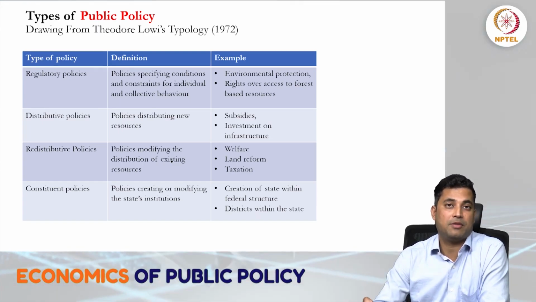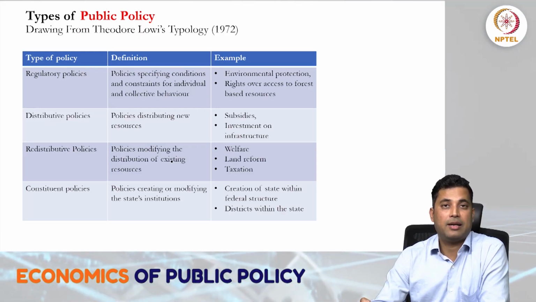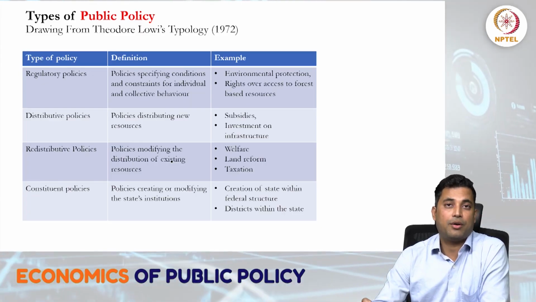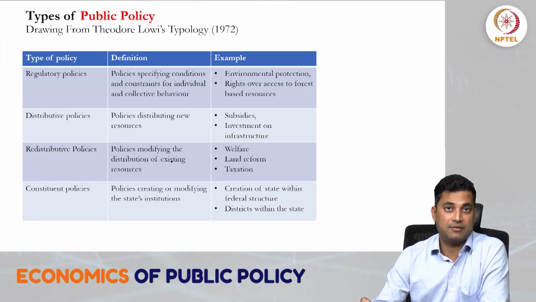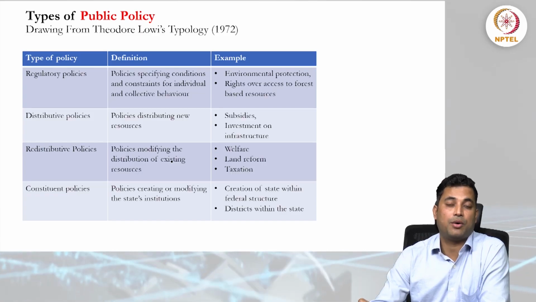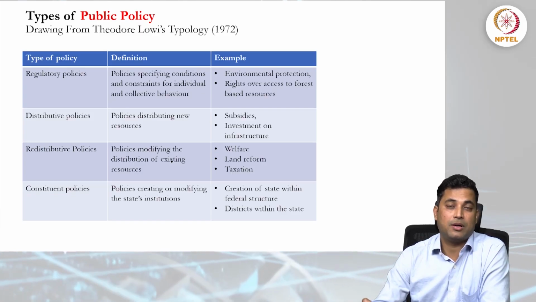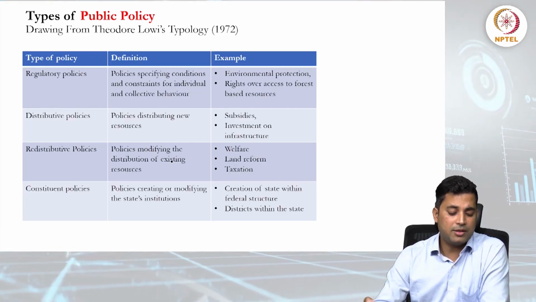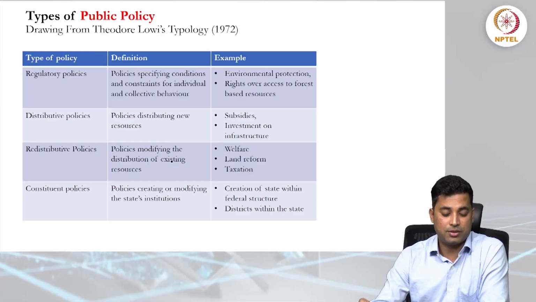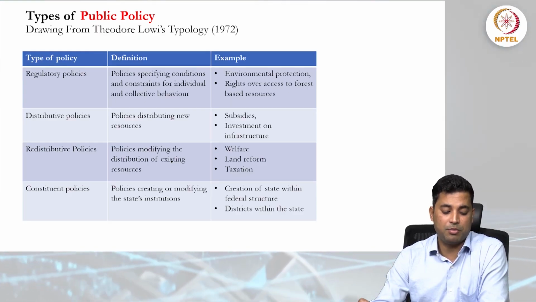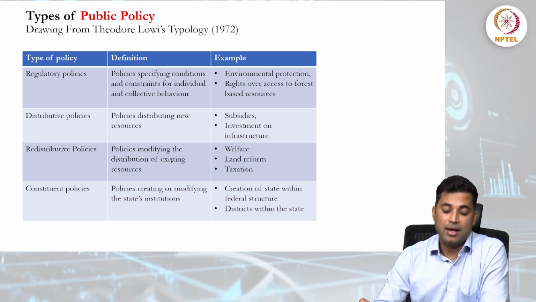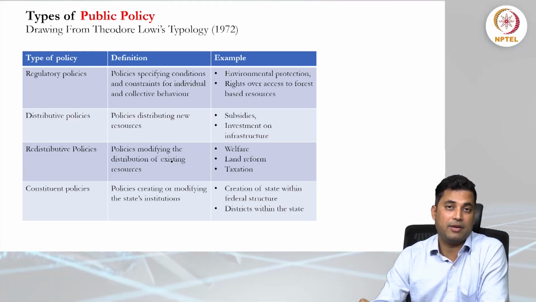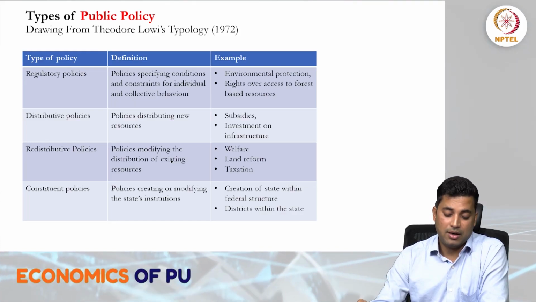It could be investment in social infrastructure, such as investment in education or health, or investment in physical infrastructure, meaning investment in roads, highways, or aviation. So redistributive policies are those which modify the distribution of existing resources, and examples could be welfare, land reform, and then various taxations.